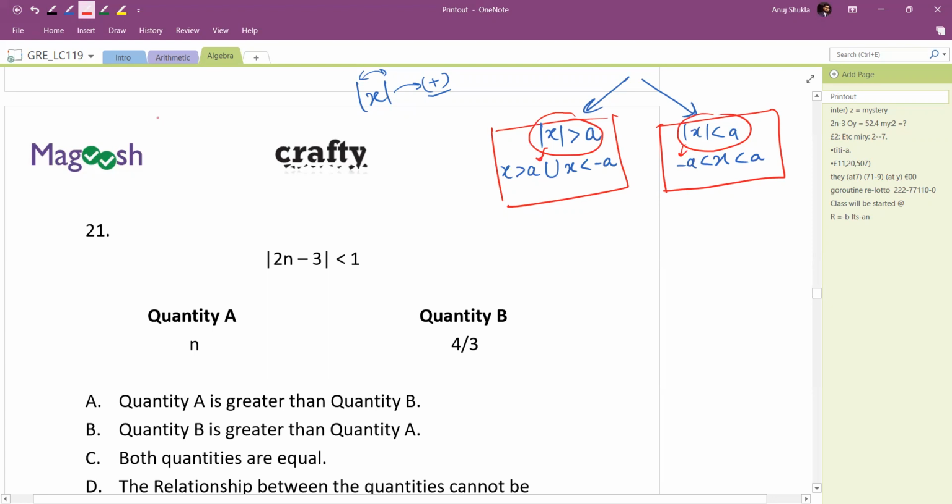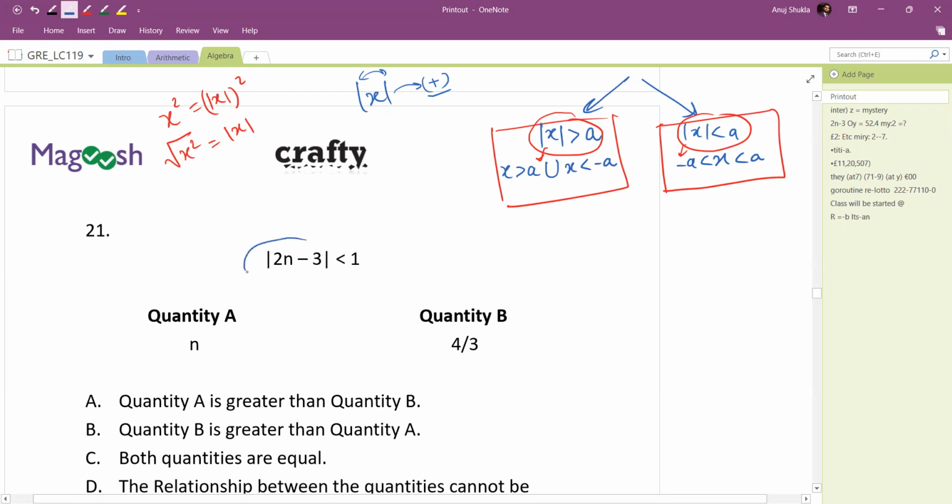Another thing you should understand is x square is actually equal to mod of x whole square. And root of x square is always mod x. It is not only x, it is always mod x. Root of anything is always positive. That is what I want to convey. Any doubt? No, right? Okay.